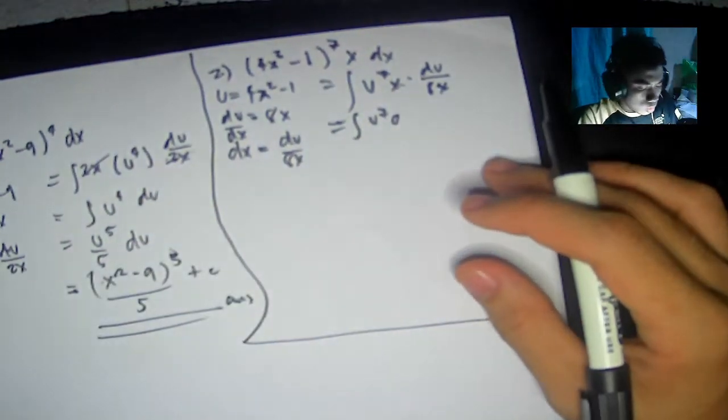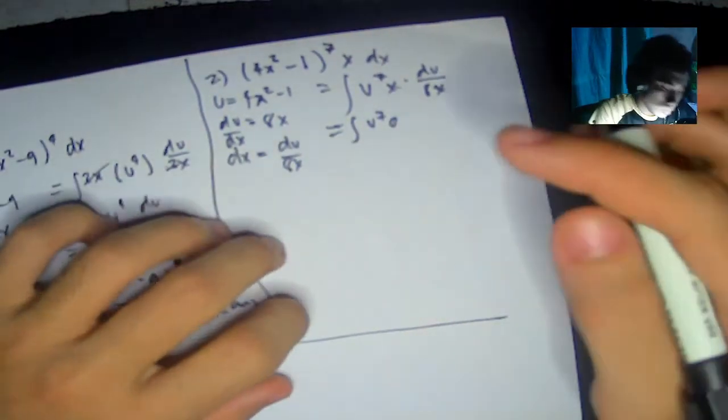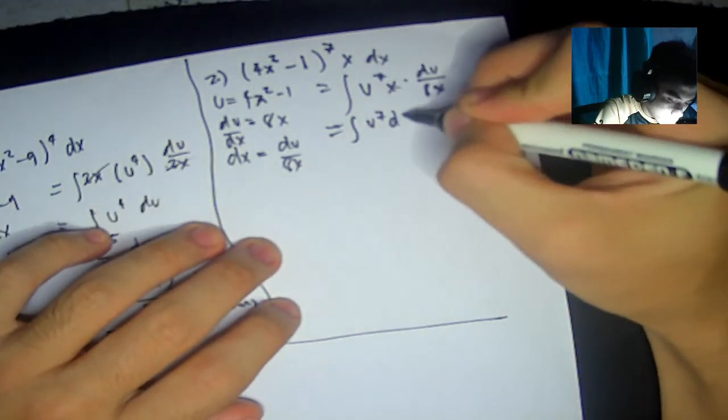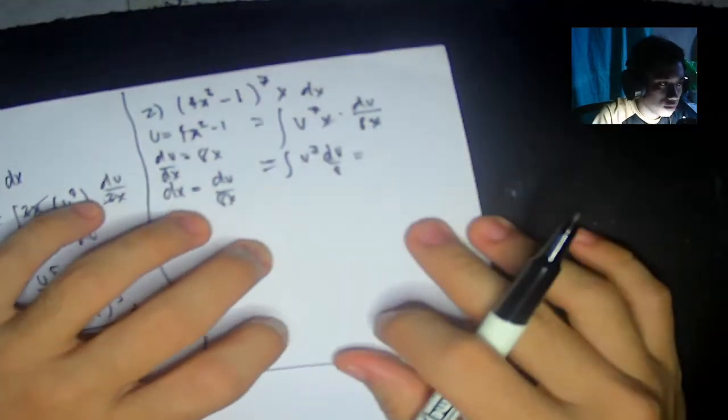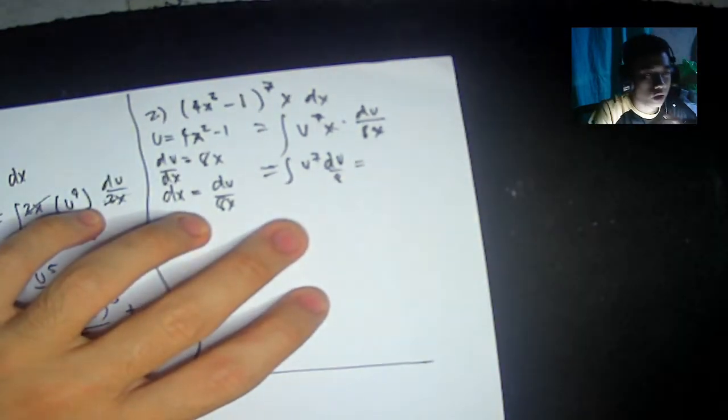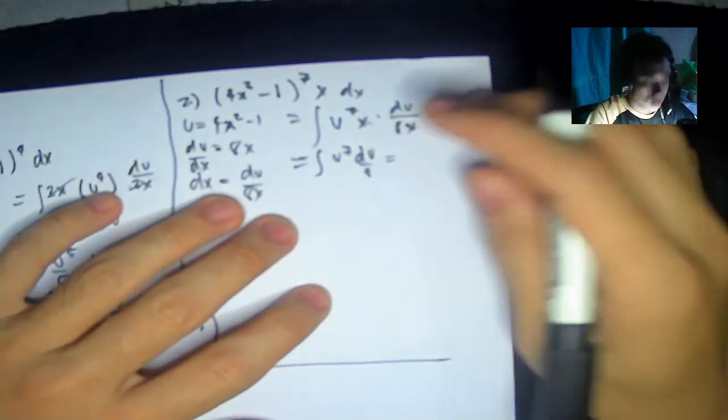So what we'll do with the 8 in du over 8? We can simply interchange like this.